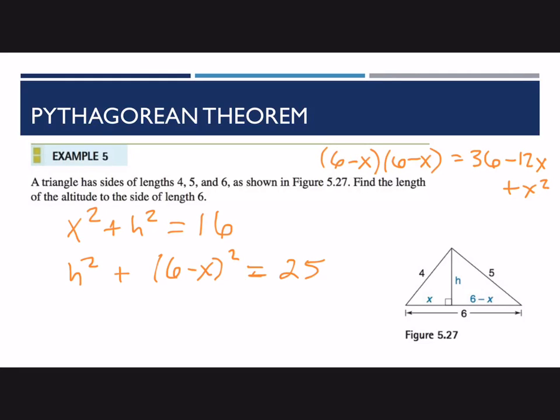All right, so that equation becomes h squared plus 36 minus 12x plus x squared equals 25.